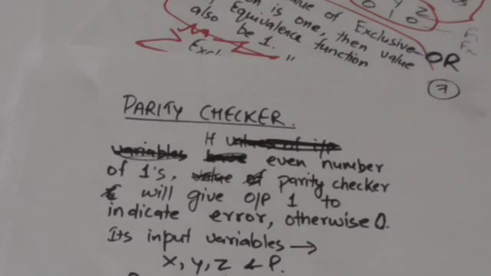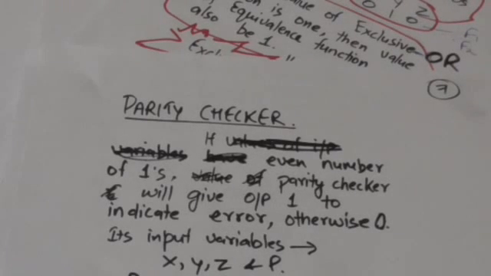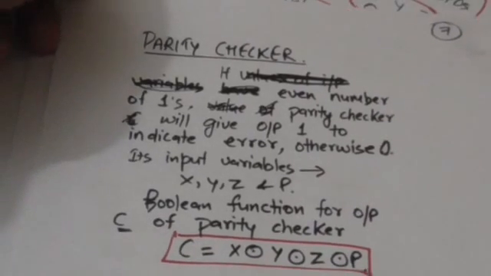If it receives an even number of ones, then the parity checker should give output 1 to indicate error, because we are going to design a parity checker for odd parity. Let its input variables be x, y, z and p.